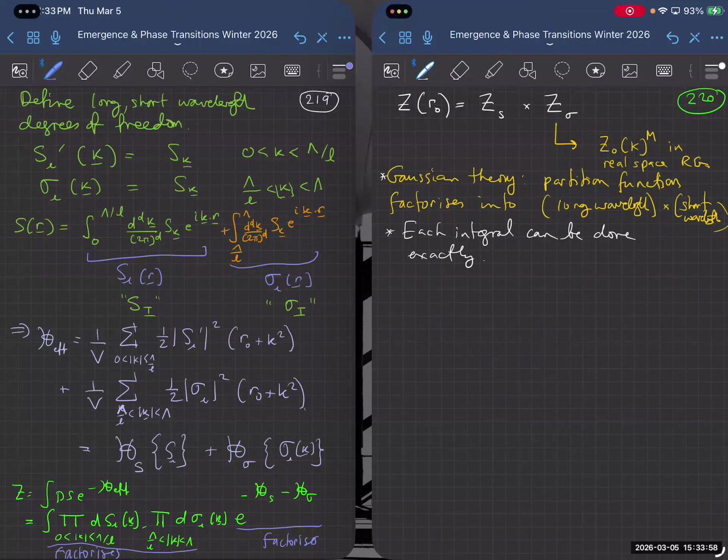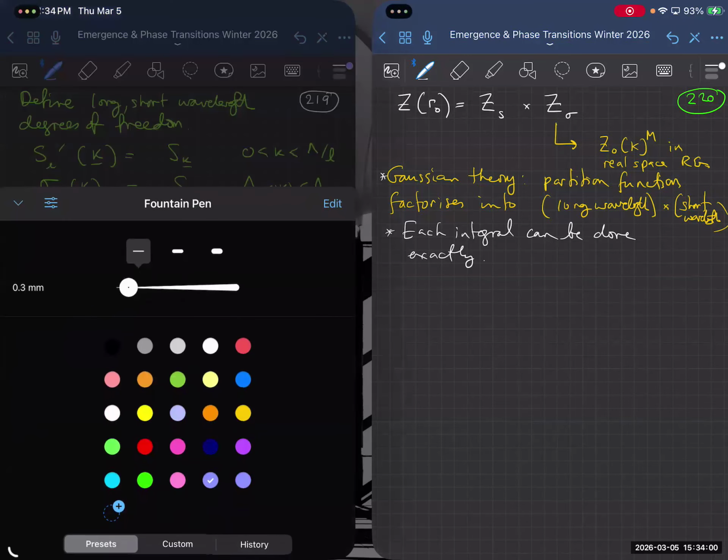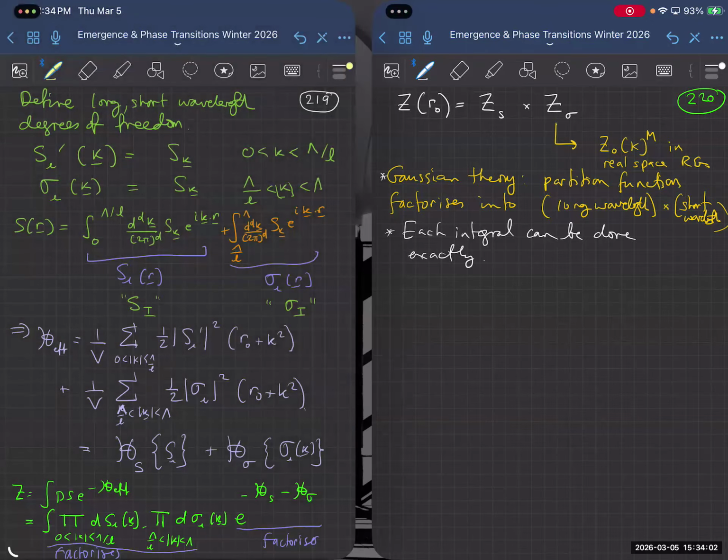Okay, so let me just make sure that you can see why that's the case. Look on the left-hand panel here, and look at, say, this term over here. You can see that the variable is a half S prime squared multiplied by a function of K, R naught plus K squared. The variable that you're integrating is S. So I'm integrating e to the minus S squared times something.